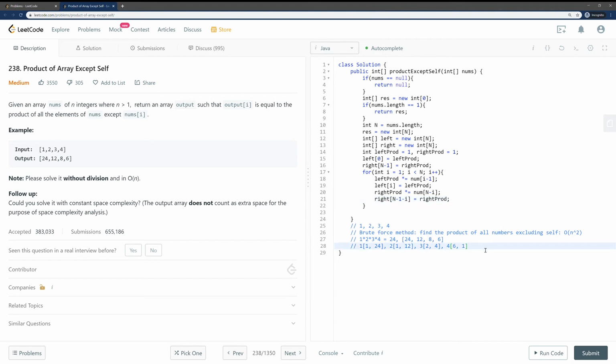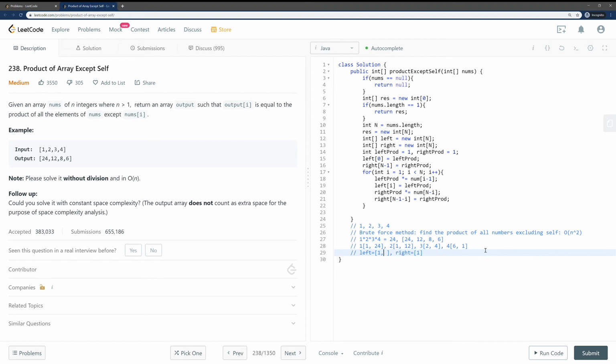So that means at first our left product for this case, the left product first element will be 1, and the right side, the last element would be 1.